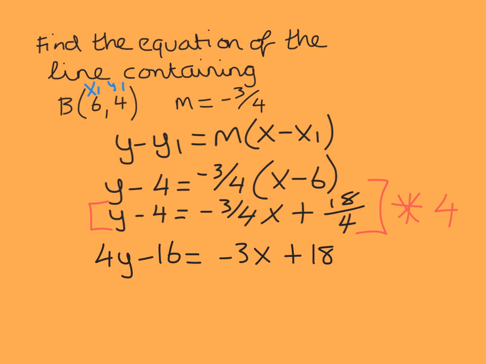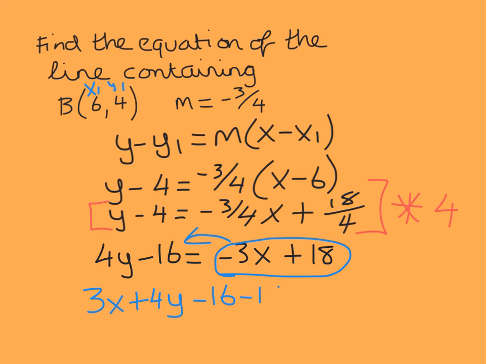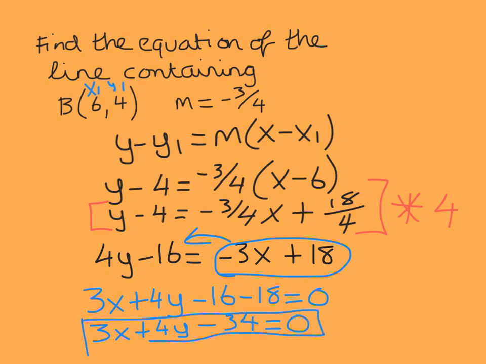So I'm going to have to bring all of this over to the far side. What I'm going to get then is 3x plus 4y minus 16 minus 18 equals 0. And just to simplify that further, 3x plus 4y minus 34 equals 0. And that's my final answer. That's my equation of the line.